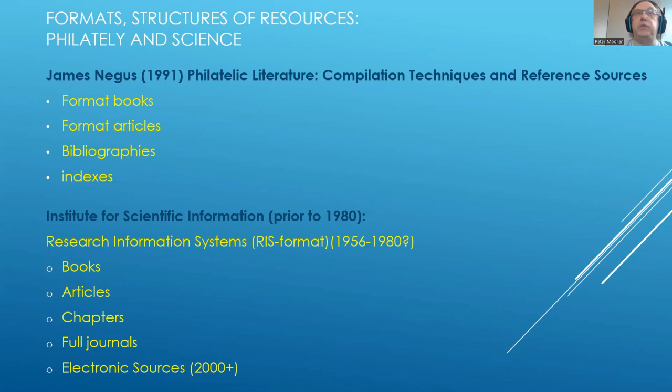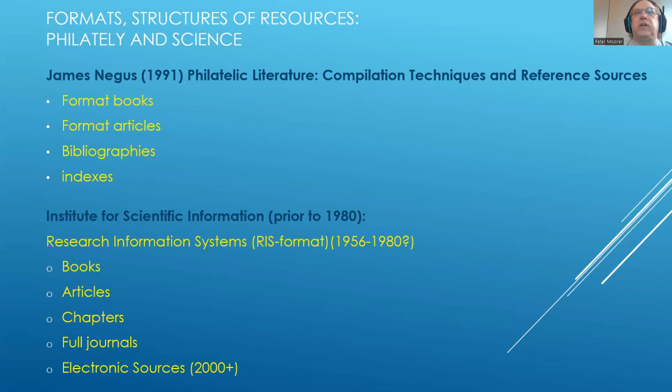And in his book, you will find a lot of very old-fashioned bibliocards where you have the title and the author, but all on paper. And he also goes into things like bibliographies and indexes. Most of the things we have access to as philatelists are indexes. There are a lot that have been created in the last 100 years.